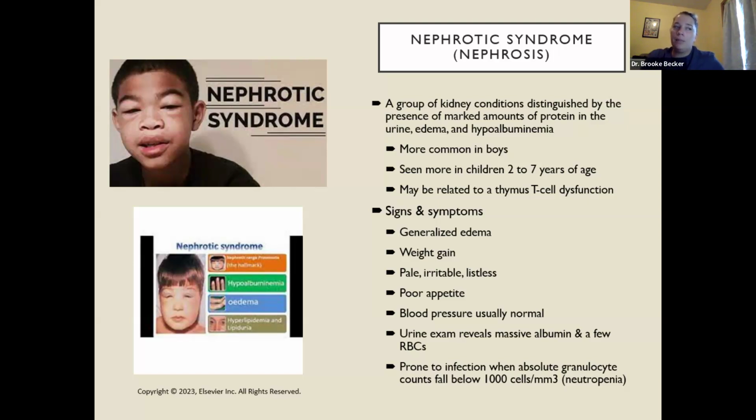And when you check their blood, they're going to have really low albumin and not as many red blood cells. A lot of times they're going to be neutropenic, which means that they have an absolute granulocyte count of less than 1,000. So they're going to be really prone to getting infections.